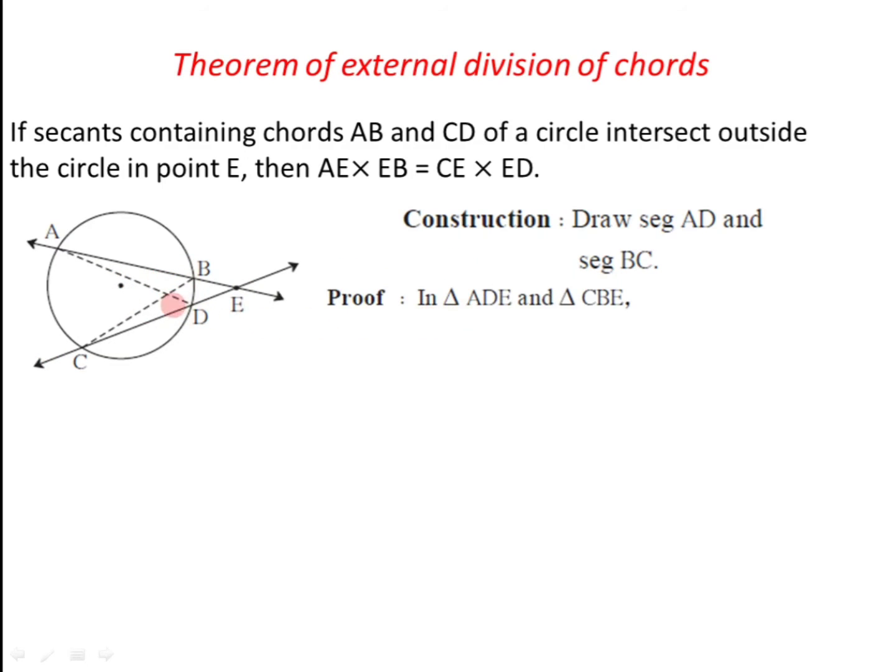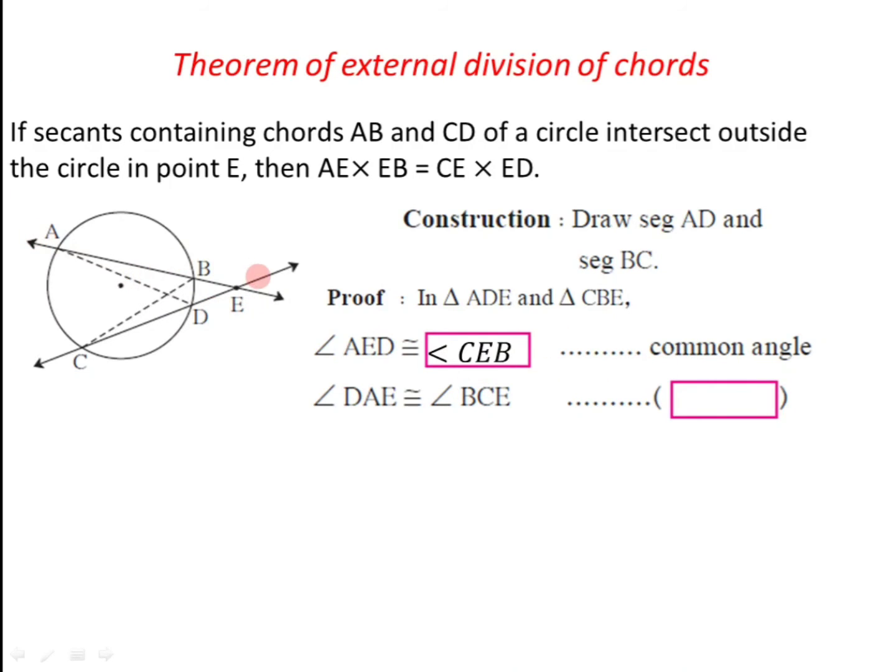We have to consider triangle ADE and triangle CBE. For these two triangles, angle AED is congruent to angle CEB, as this is a common angle in both of these triangles.